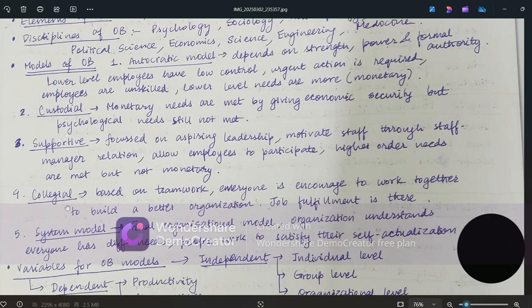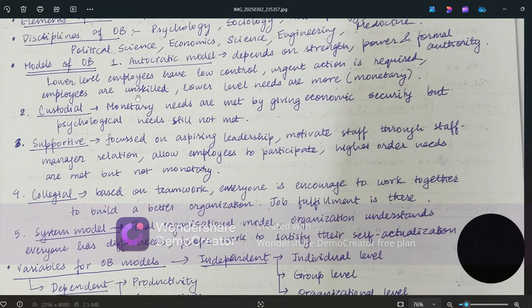First is the autocratic model. It depends on strength and power, like the power of a formal authority.